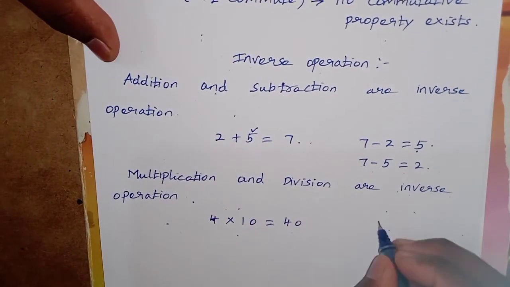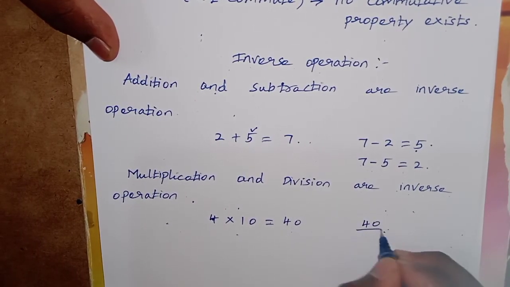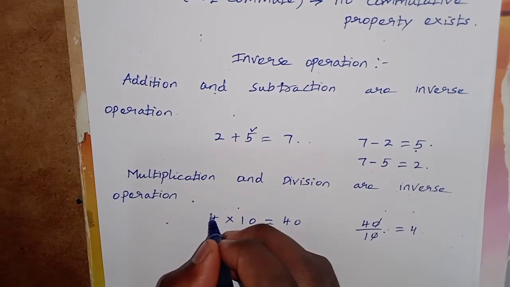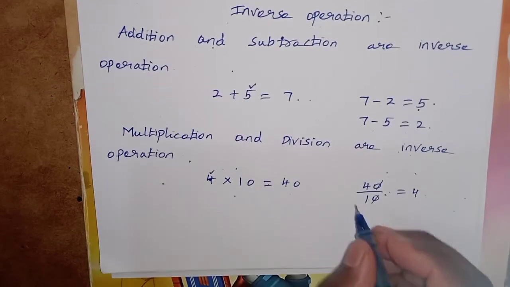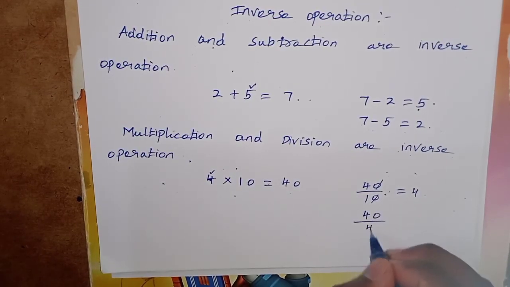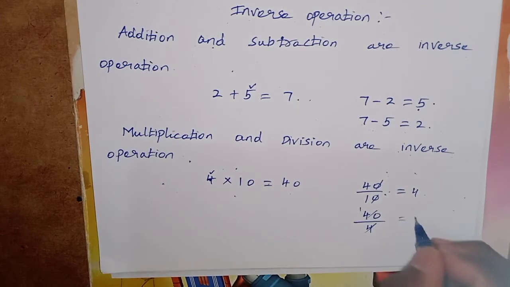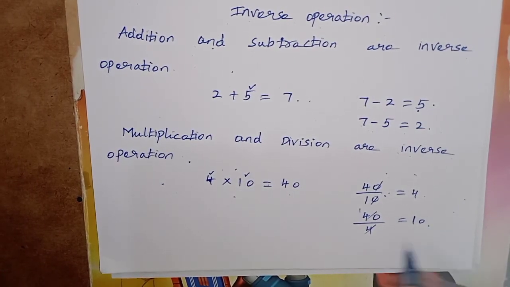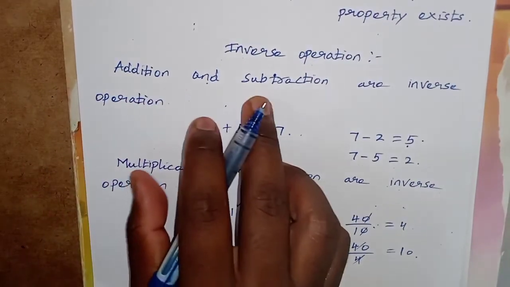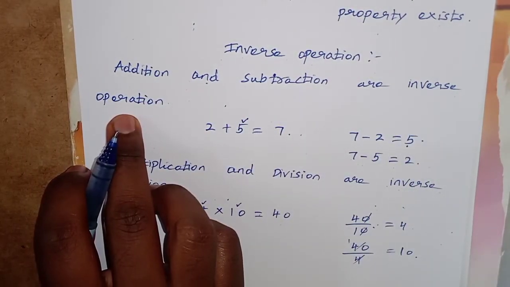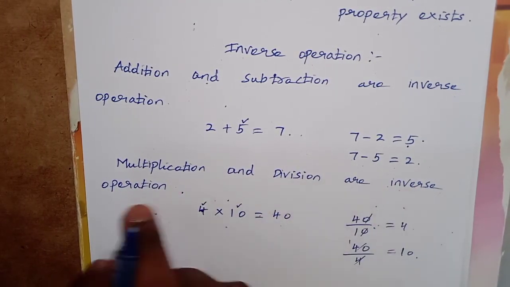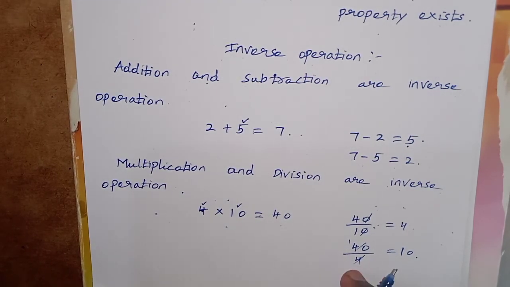If you take this value, 40 divided by 10 equal to 4. Otherwise 40 divided by 4, 4 ones are 4, therefore the value is 10. So that is why we are saying addition and subtraction are inverse operations. Similarly, multiplication and division are inverse operations. Here it is the proof.